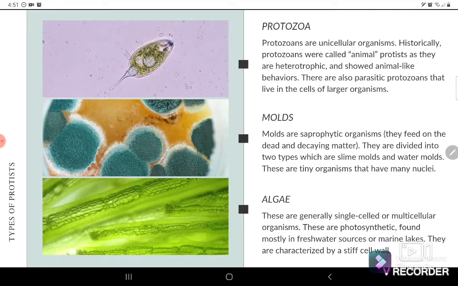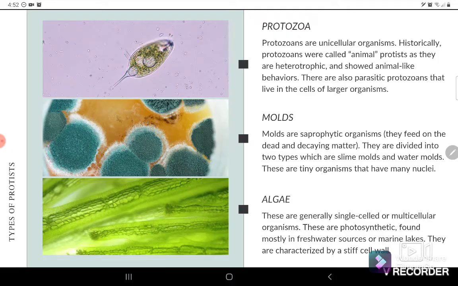So as you can see, if you observe, there are different characteristics from being a protozoa, from being molds, from being algae. They are different from one another. Some may have the characteristics of plants, like being photosynthetic.